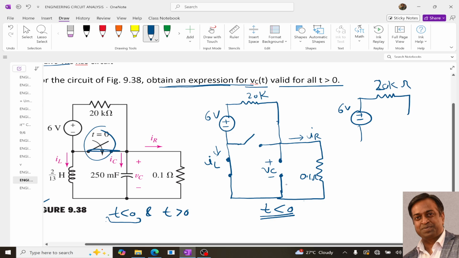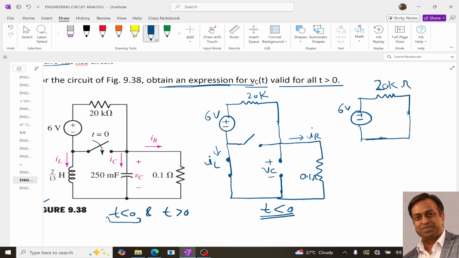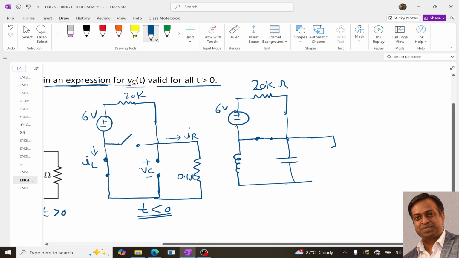It is closed at t equal to and greater than 0, so this switch will be something like this. And then we also have the inductor over here, the capacitor, and the resistor.